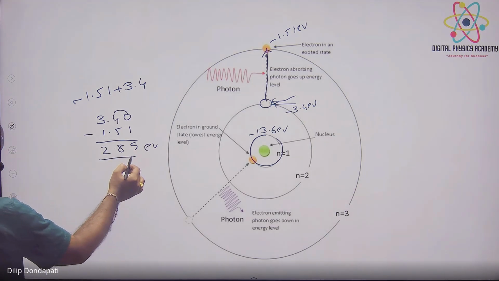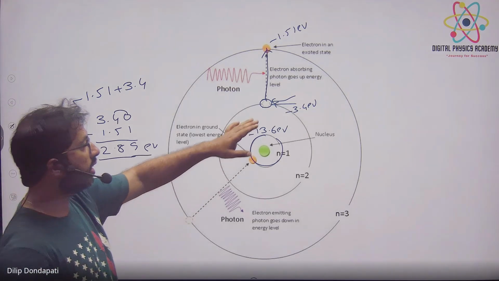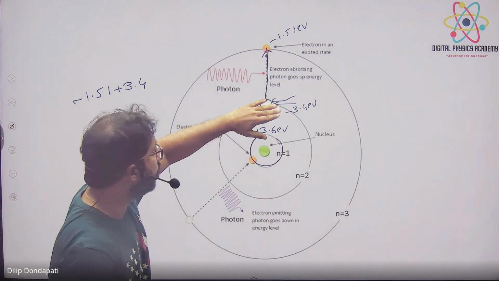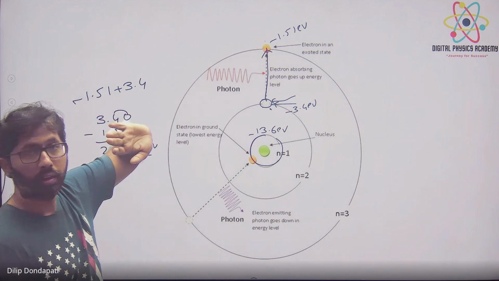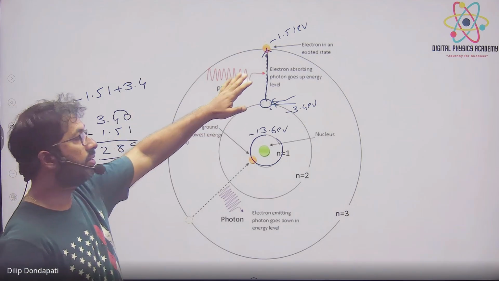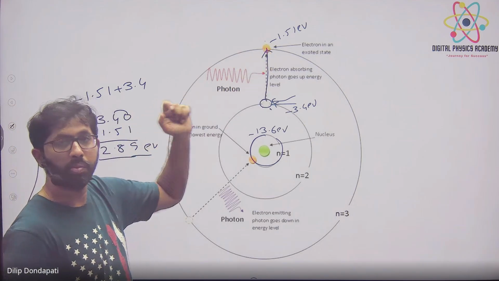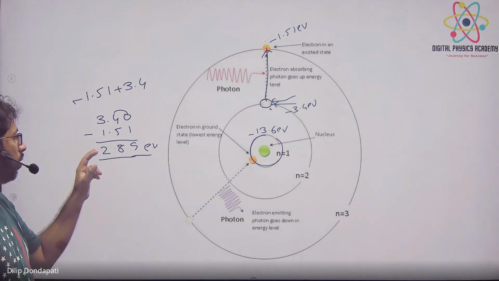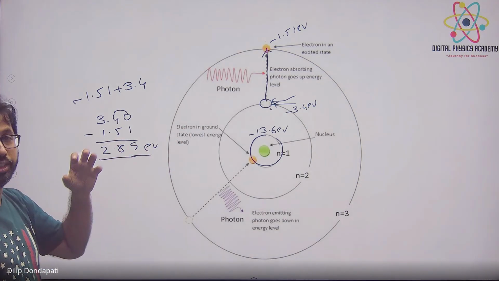So approximately 1.89 electron volts if it gains, then only it will jump to this orbit. If it gains less than that, it will not jump; it will stay like this. So the minimum energy required is that energy difference.